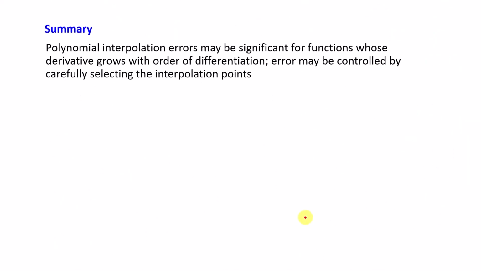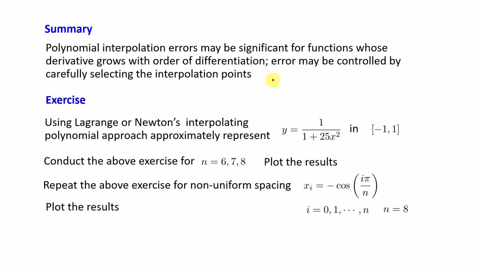In summary, we have seen that polynomial interpolation errors could be high for functions whose derivative grows with the order of differentiation. We can control this error by carefully selecting the interpolation points. For your exercise, you can use Newton's polynomial or Lagrange's polynomial to approximate y equals 1 by 1 plus 25x squared in the interval minus 1 to 1.